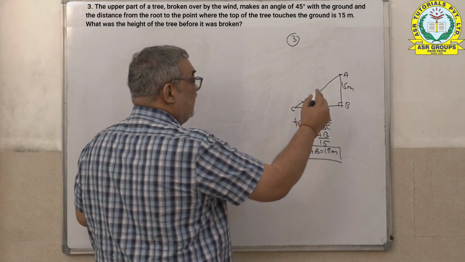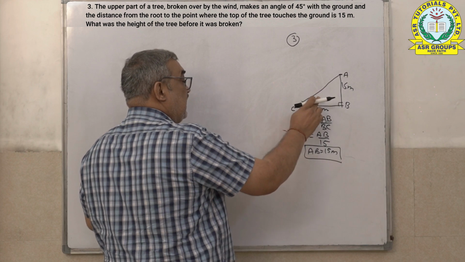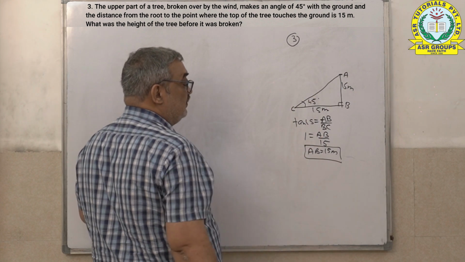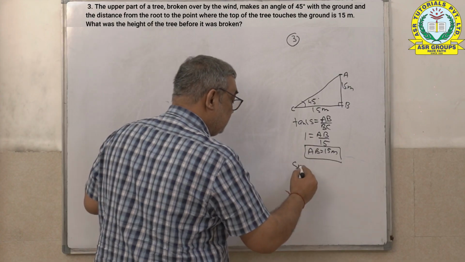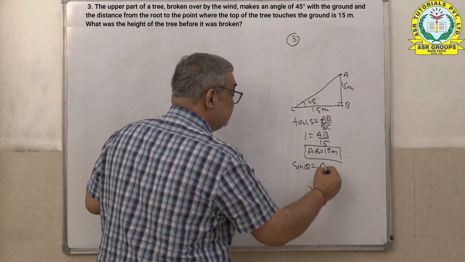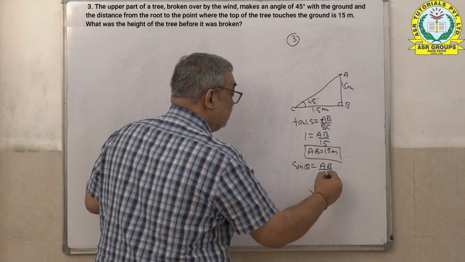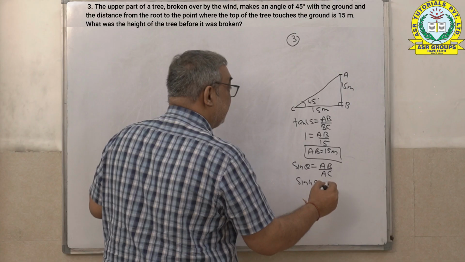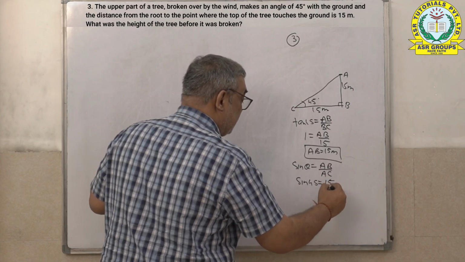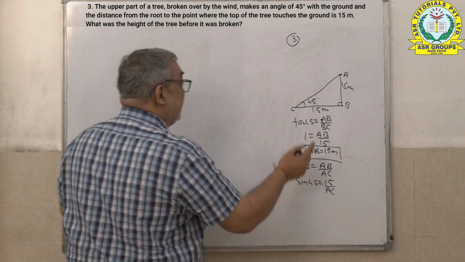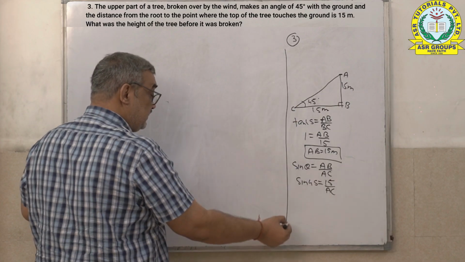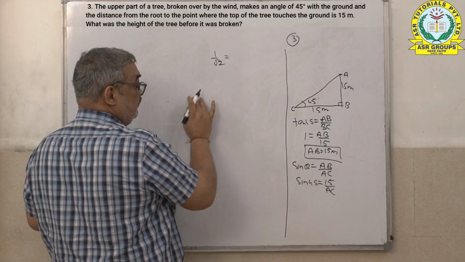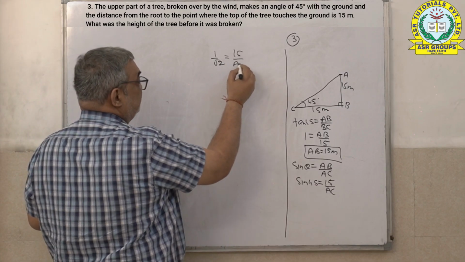Now, I know the angle, I know the opposite side, I want to find the hypotenuse, so I'll use sin theta is AB upon AC. Sin 45 is 15 upon AC. Sin 45 is how much? 1 over root 2 equals 15 upon AC.